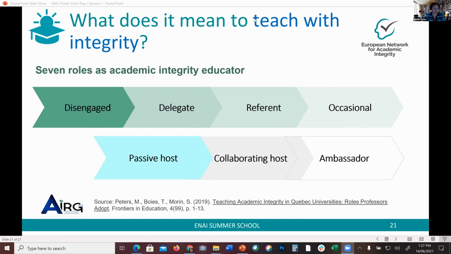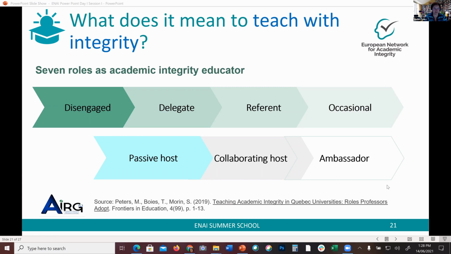A lot of our professors in Quebec will have the librarian come in and teach about, for example, EndNote. So the students will learn how to use the referencing software, and the teacher will sit at the back, or even worse, will leave the classroom while the librarian does the teaching. That's why we're saying he's a passive host. He's there, but he doesn't do it.